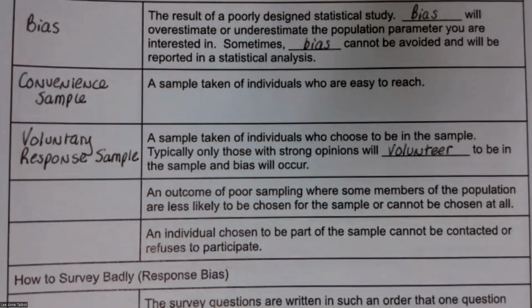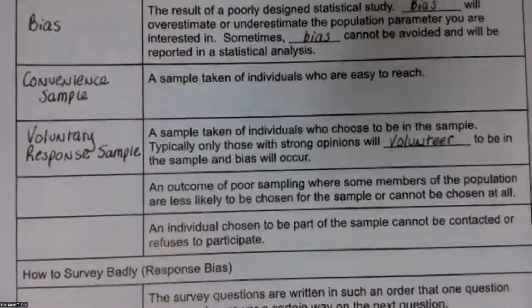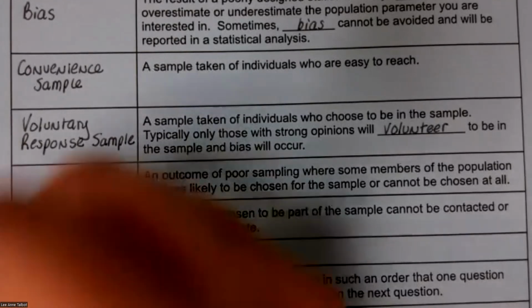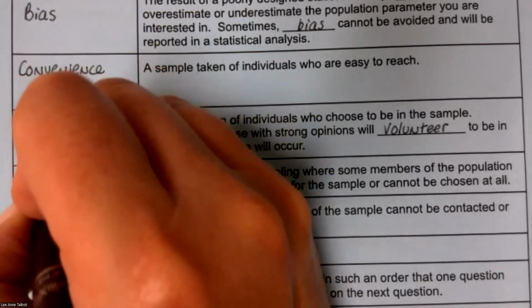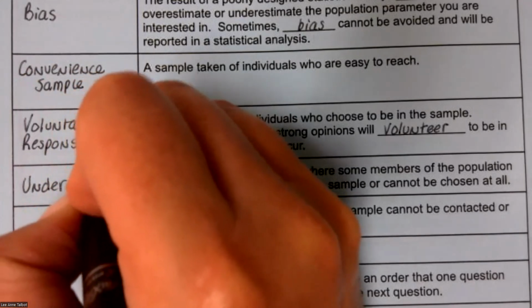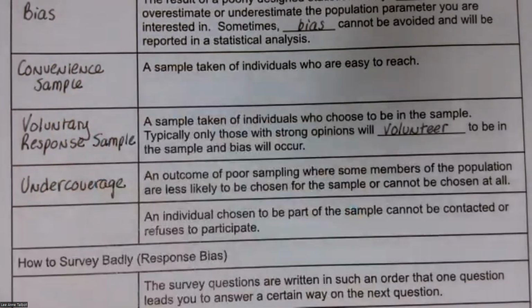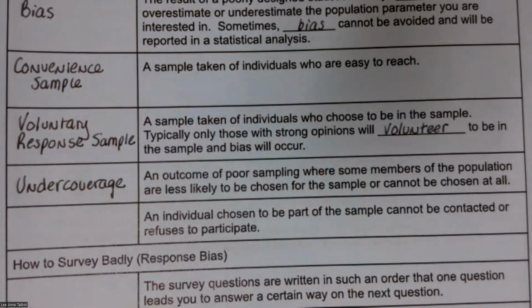An outcome of poor sampling where some members of the population are less likely to be chosen for the sample or cannot be chosen at all. You might not know this one. It's called undercoverage. My favorite example is calling random house phones.